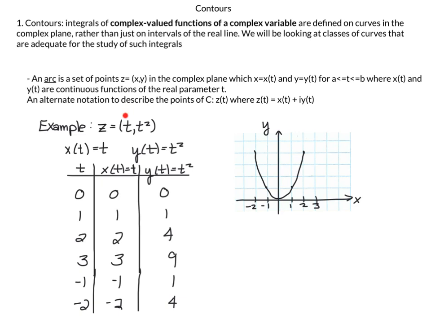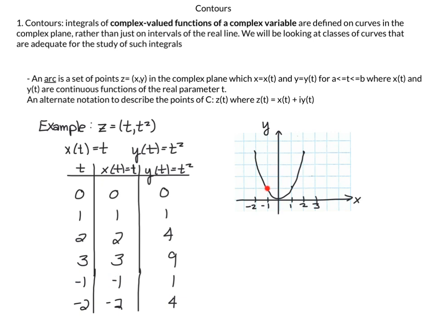Especially when our variable is t, we often think of t as time, and over time, our parameterization will trace out a path. If we go back in time to -2, then our point is -2, 4. As time progresses, we'll be going down our path, and at t equals -1, we're at the point -1, 1.